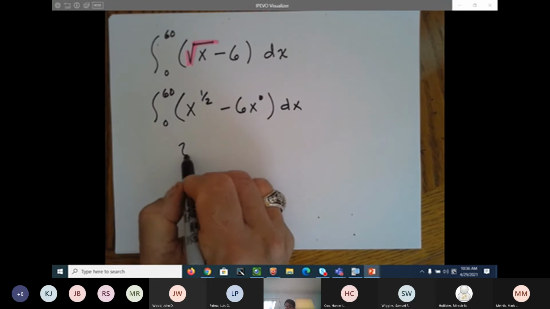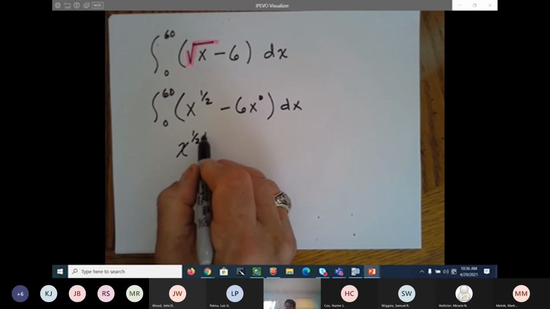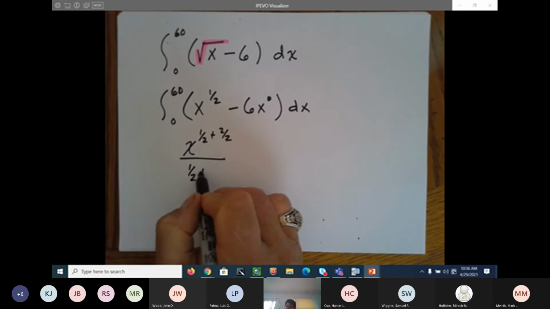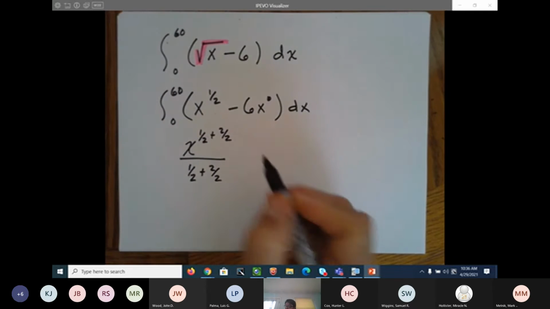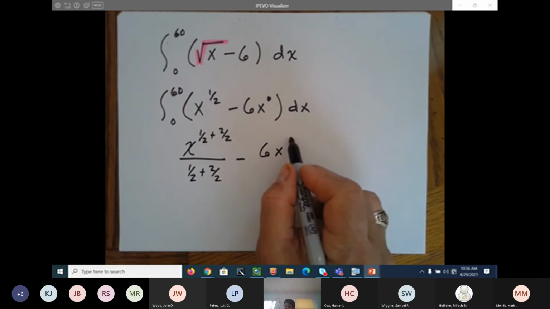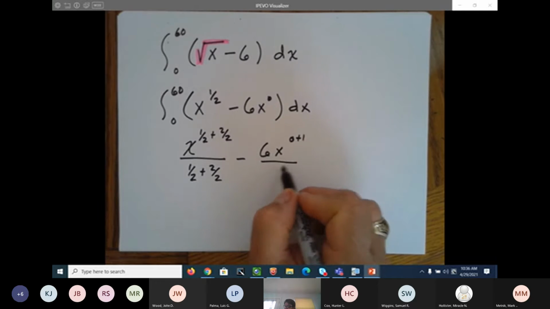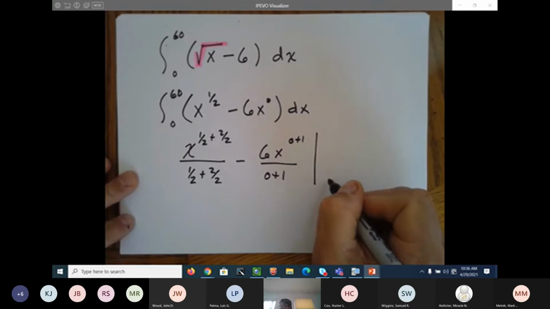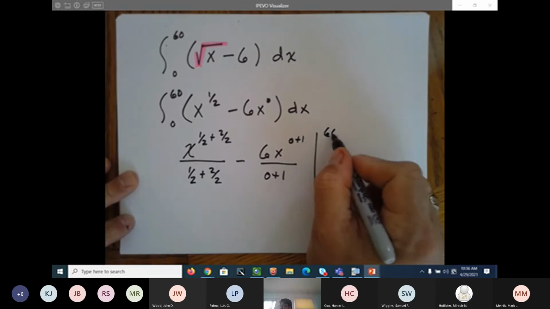So that's going to be x to the 1/2 plus 2/2 over 1/2 plus 2/2, minus 6x to the 0 plus 1 over 0 plus 1, evaluated at 0 and 60.